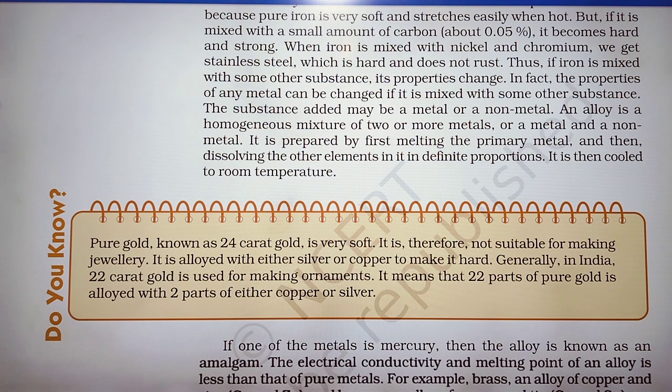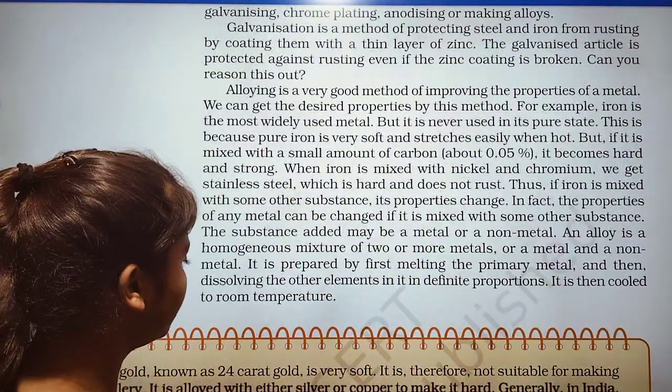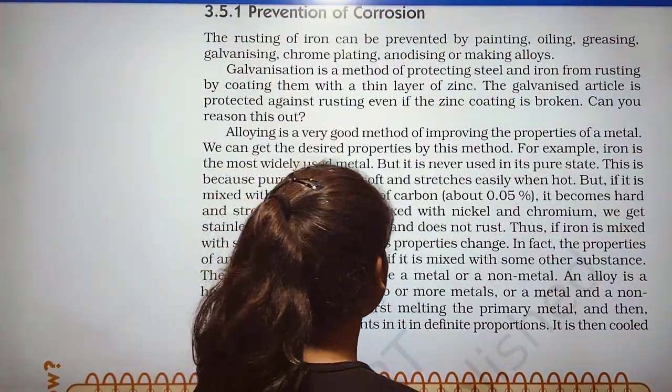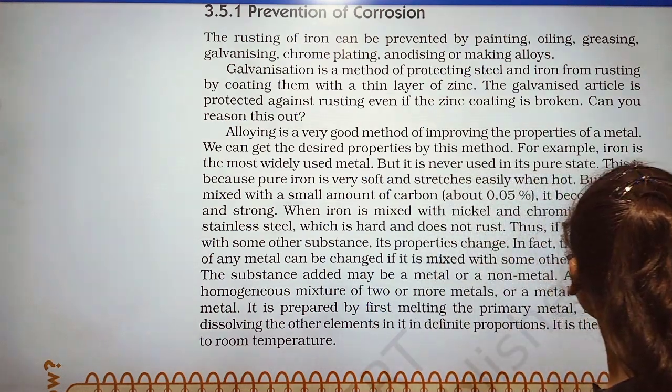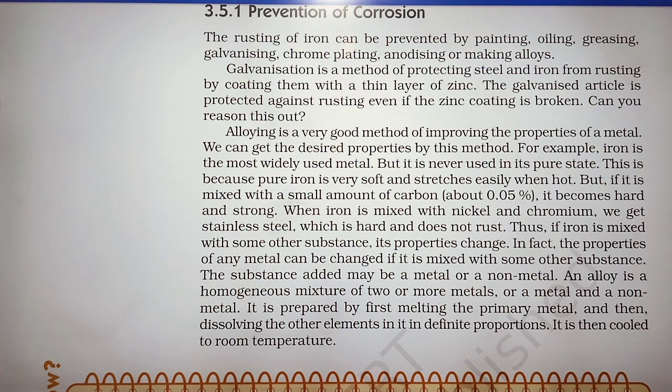In the same way gold is made hard with the help of silver and some amount of copper. The substance added may be a metal or a non-metal. It means the substance which is mixed to change the properties can be a metal and also can be a non-metal.